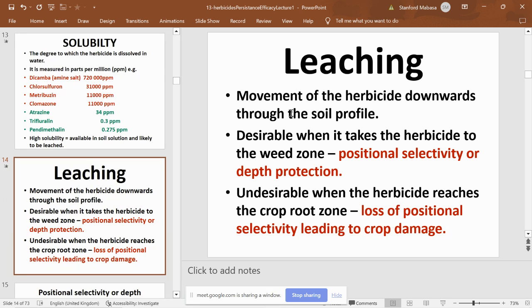It is desirable when it takes the herbicide to the weed zone, and we can achieve positional selectivity or depth protection like what we do with Sengo, metribuzin, or pendimethalin. This becomes undesirable when the herbicide reaches the crop root zone and we can lose selectivity. And indeed, sometimes it can happen with metribuzin. After heavy rainfall, the herbicide reaches the soybean crop, which becomes damaged.